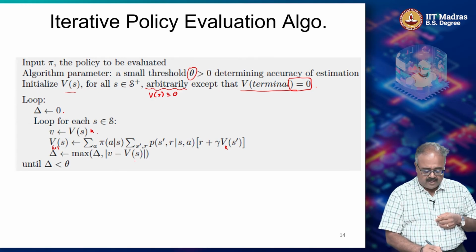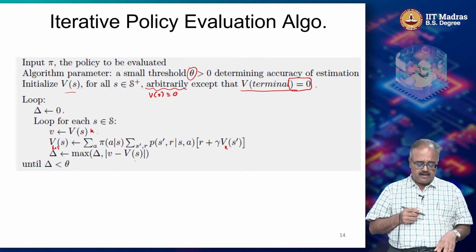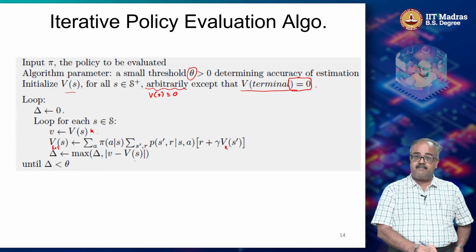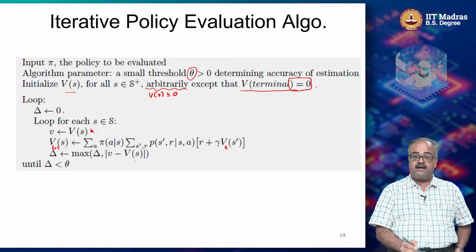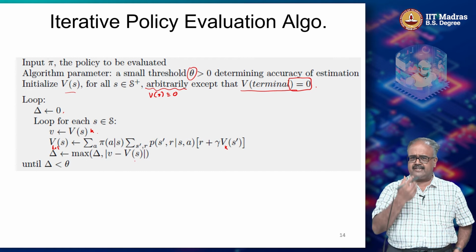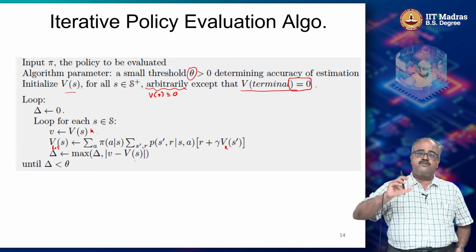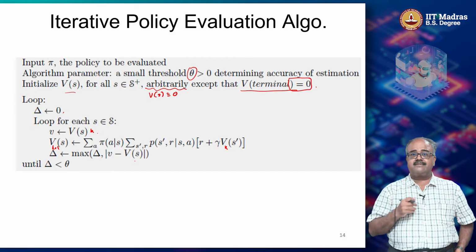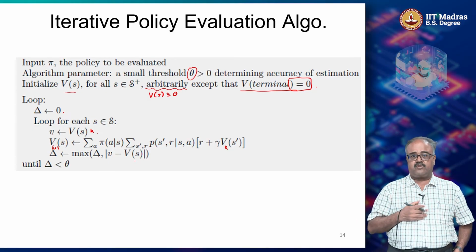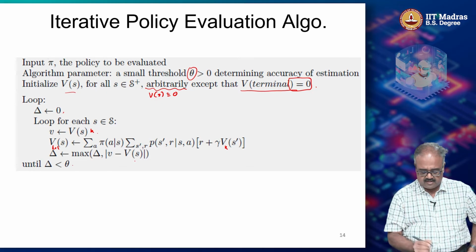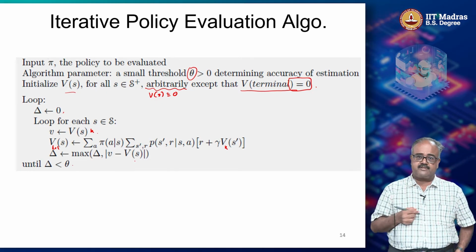Then keep going until your capital delta becomes smaller than the threshold that you had earlier, theta. The theta could, like I said, be 10 power minus 3. So keep iterating until the maximum difference you see from k to k plus 1 is less than 10 power minus 3. That's when you stop. This is the stopping condition. Just keep iterating otherwise.